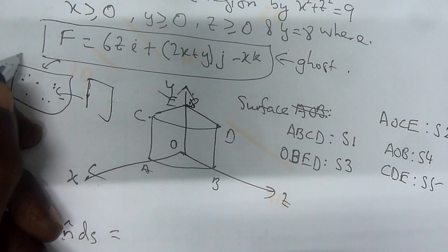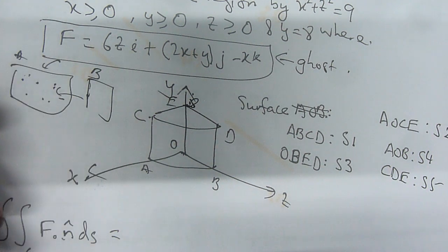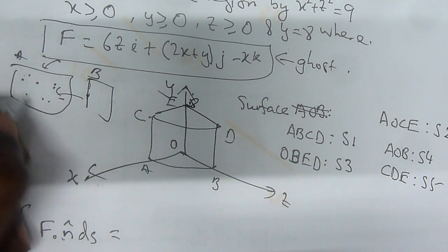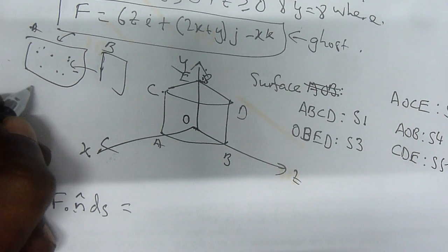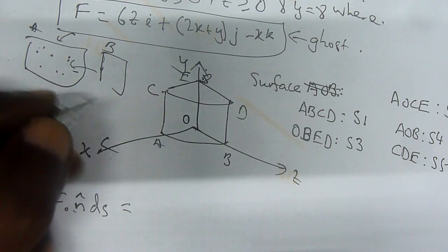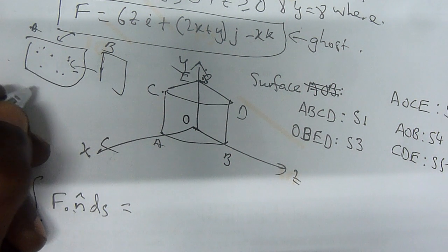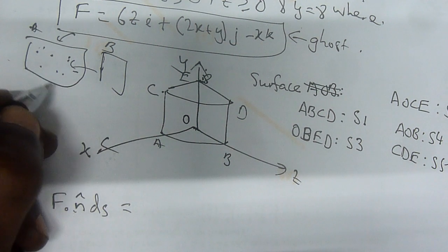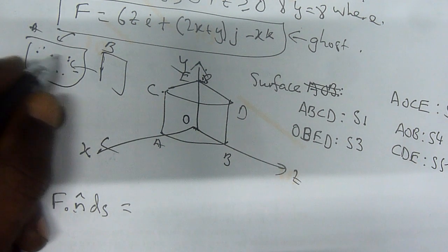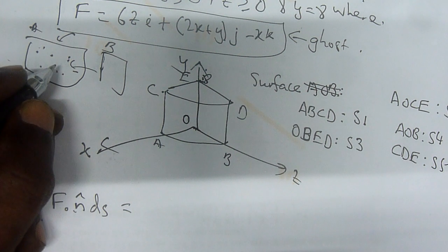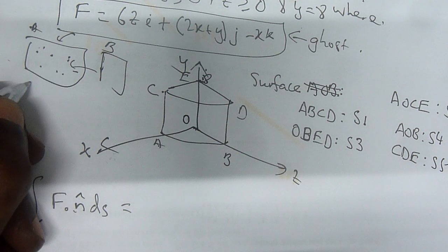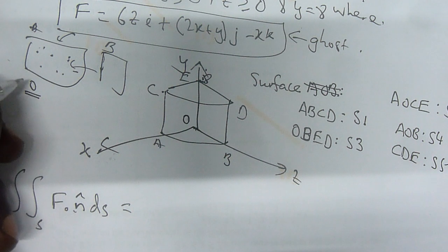But on some surfaces, this can play an important role. Maybe this is A, this is B. When the charge is scattered on this, later when I calculate the surface integral of that, the reaction will be 0, which means a 0 impact.